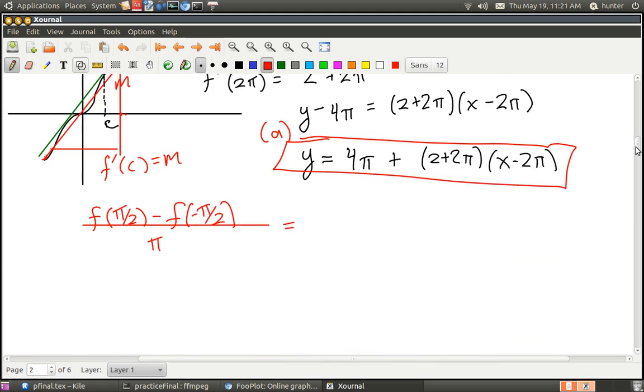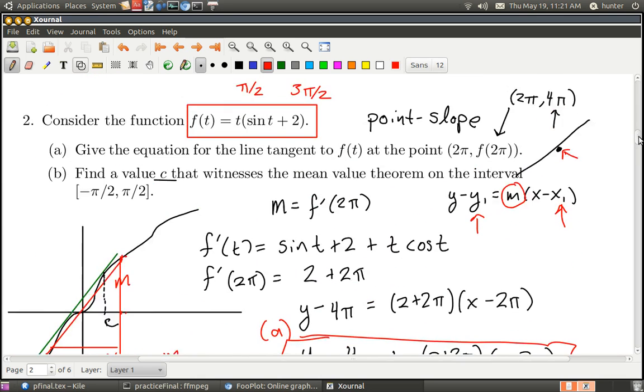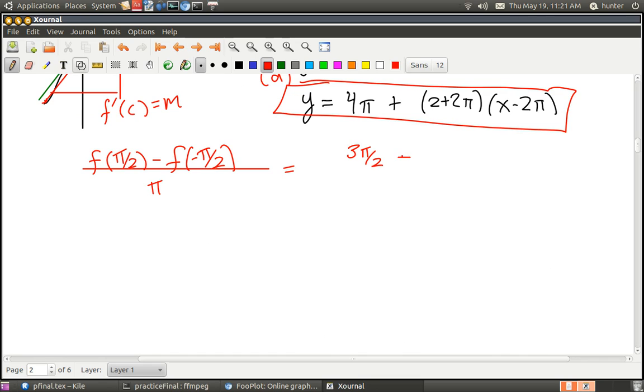So I've got 3 pi over 2 on top, and I take away what happens when I plug in minus pi over 2. I'm going to have minus pi over 2, and then sine of minus pi over 2 is minus 1. So this is going to be minus pi over 2, and this becomes a plus pi over 2. And on the bottom, I've just got pi.